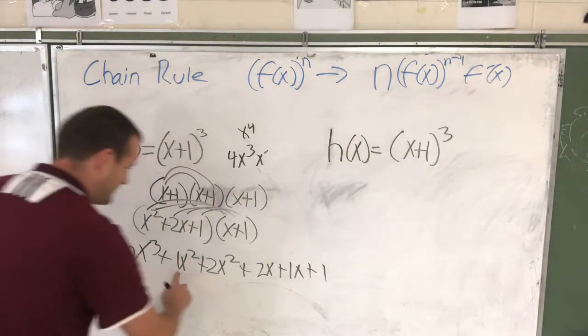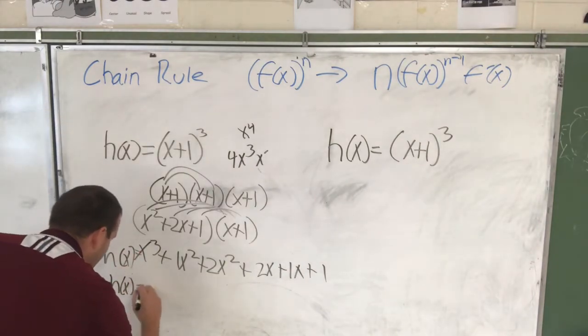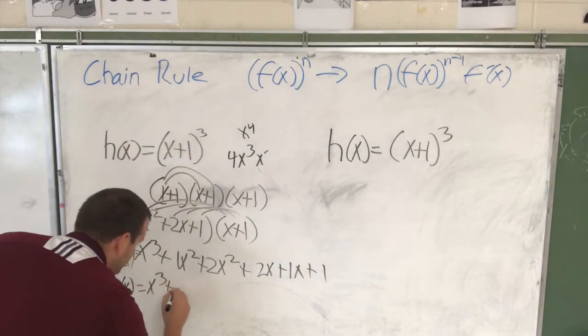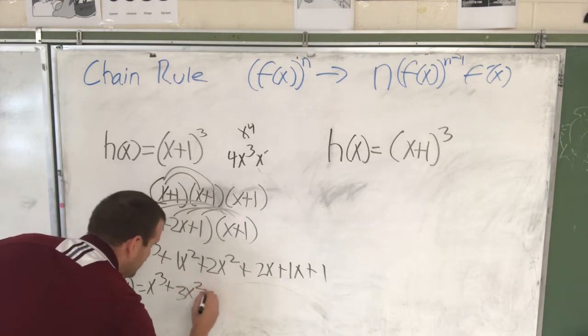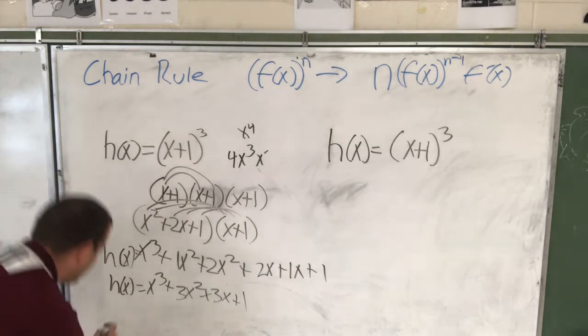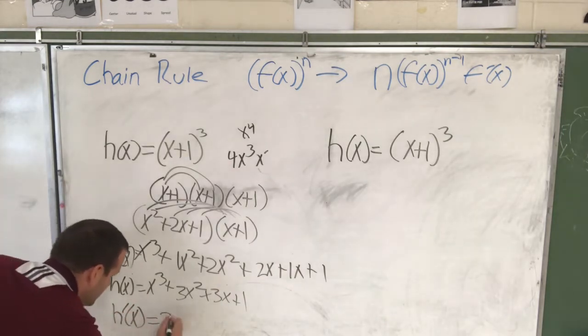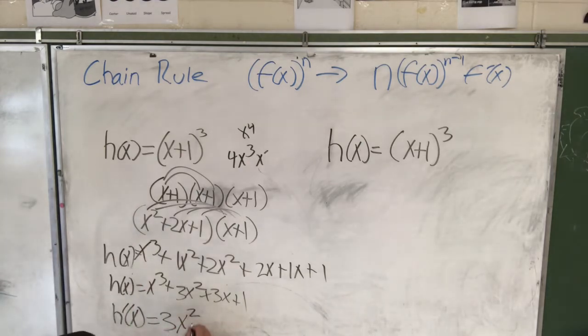And in fact, we have to simplify this before we can take the derivative. h of x equals x cubed plus 3x squared plus 3x plus 1. Now I can take my derivative. h prime of x is going to be 3x squared plus 6x plus 3.